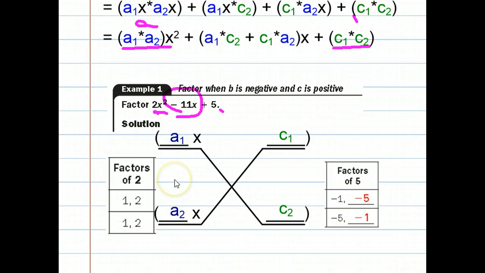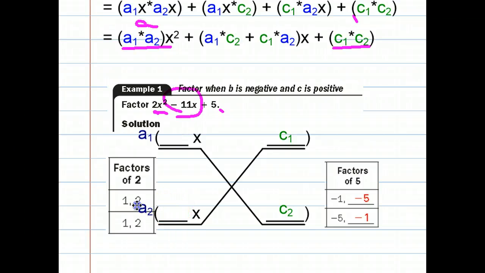Before, when we were solving simple problems, we did a little diamond, a little x. Well, now that we have more difficult polynomials, we're going to do a big diamond, which I call the big X. Instead of a little x, we're going to do a big X, and we set it up like this. We're trying to use this to test to see which ones work. Since my a is a prime number, which means it only has two factors, life is easy.